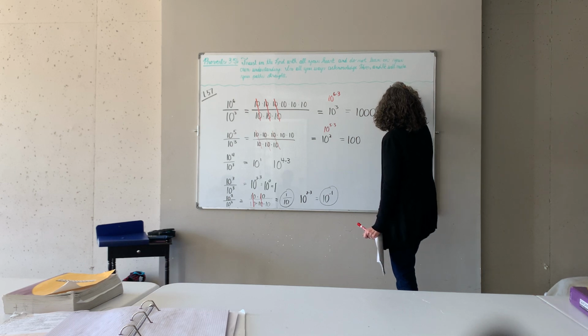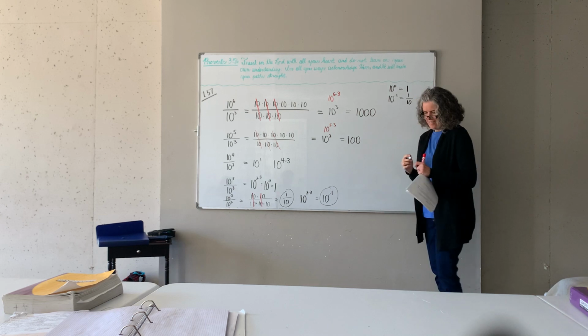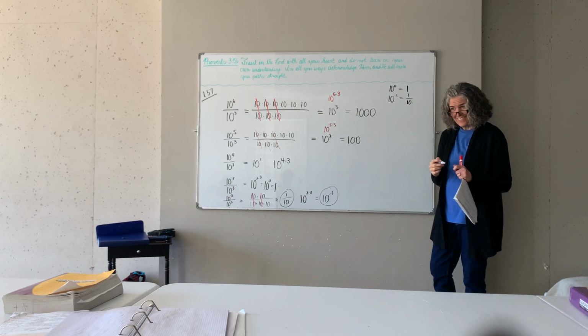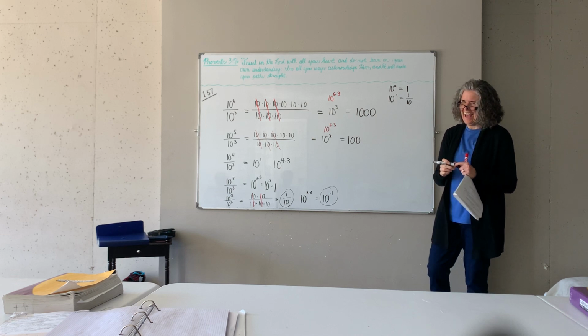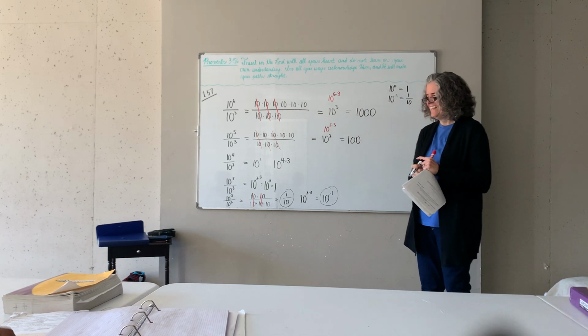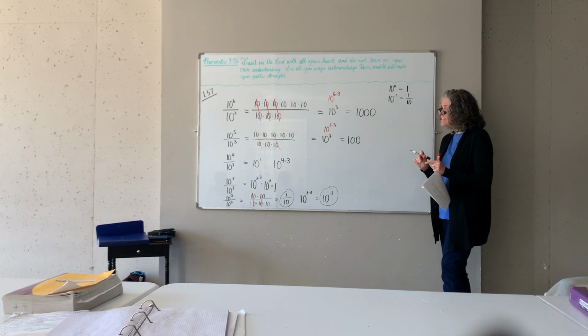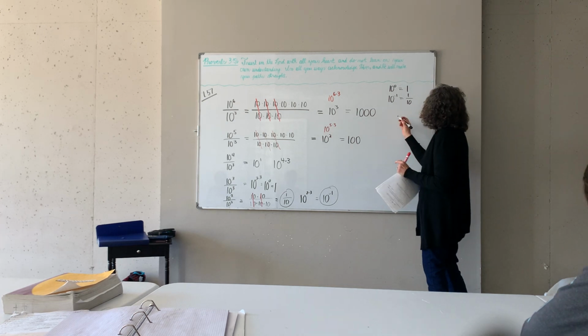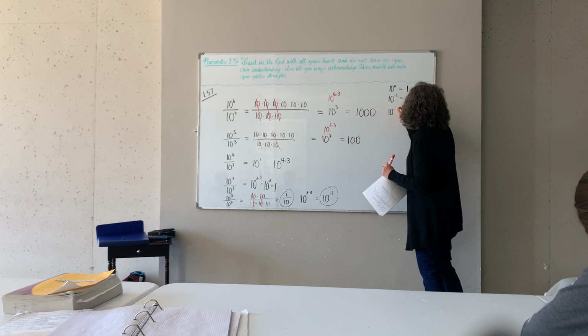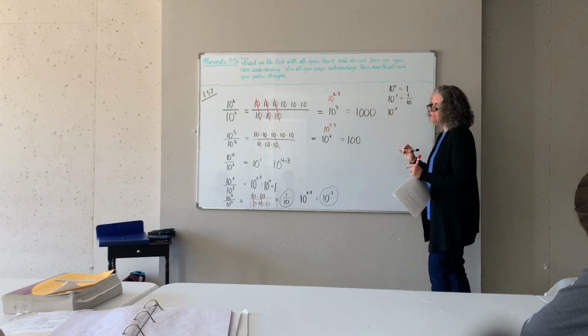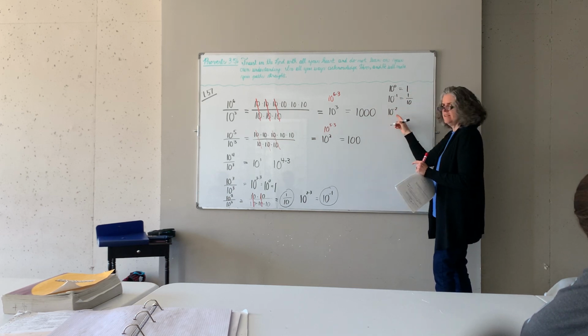So like 10 to the -2, would that be 1 over 100? Yes. It's important to know that they're the same. So David said, what about 10 to the -2?